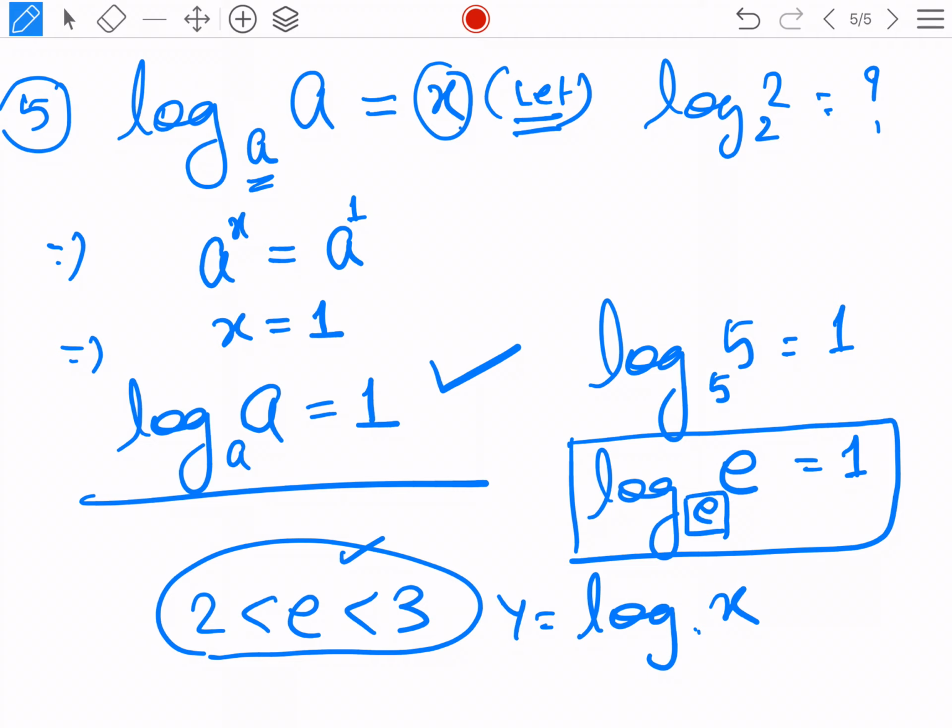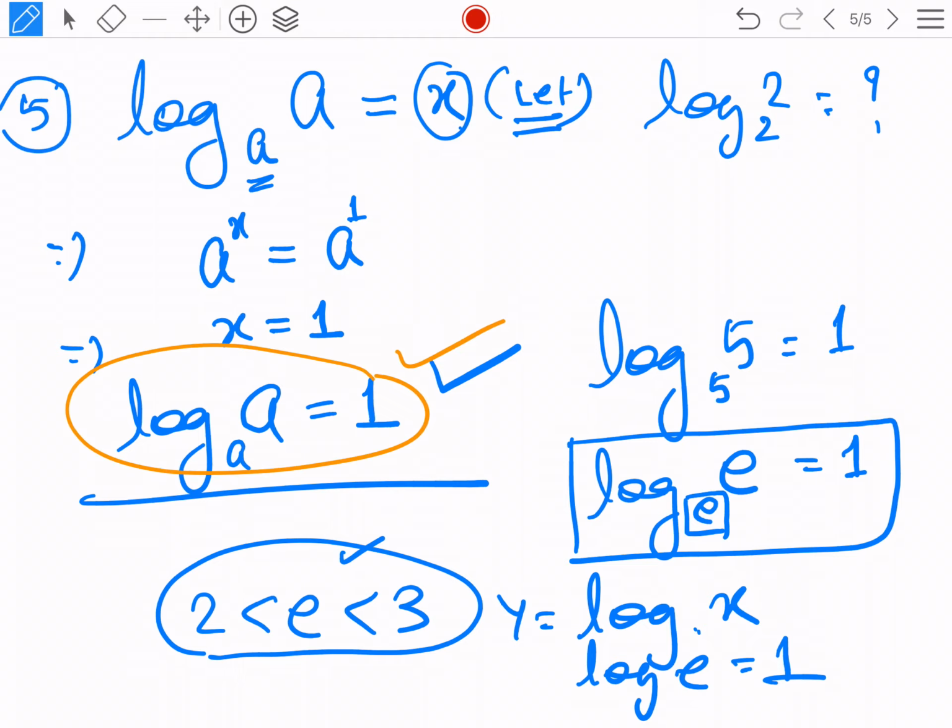Therefore, always log of e is equal to 1. So this is the fifth very important formula, students. Please remember it.